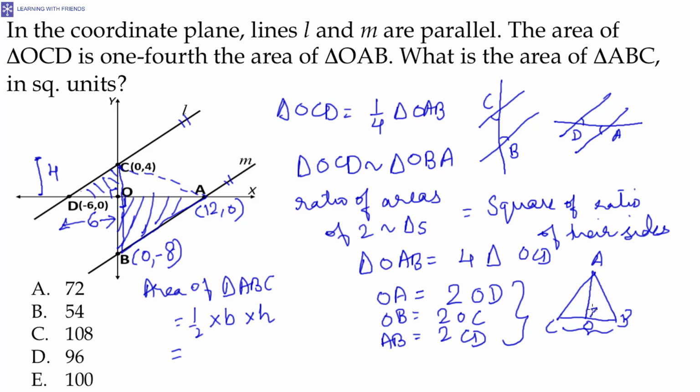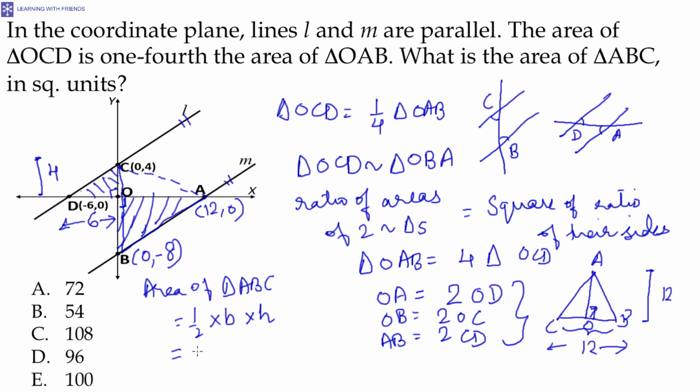This is point O, AO becomes my height. Now what is BC? If you notice, BO is 8 units, OC is 4 units. So BC total, this would be 8 plus 4, 12 units. And AO is just 12 because from point O to point A, the distance is 12.